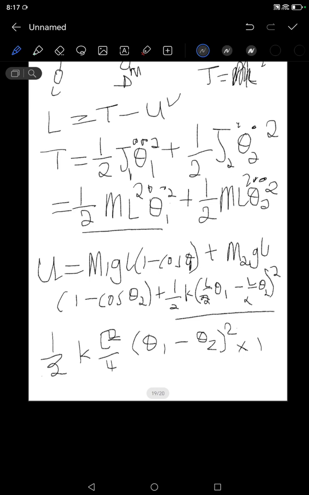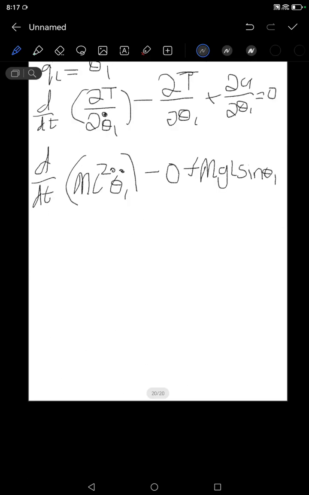Am I wrong? Let me check something. Okay, I'm not wrong. When we differentiate this with respect to theta 1, it's going to be KL squared over 4 into theta 1 minus theta 2 multiplied by 1, which is going to be equal to 0.